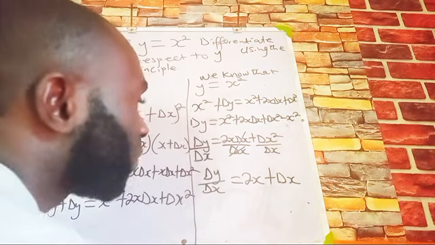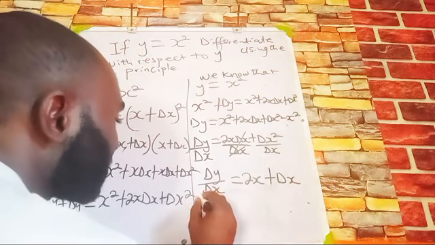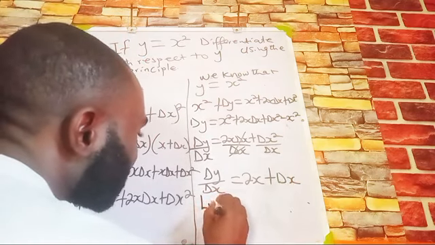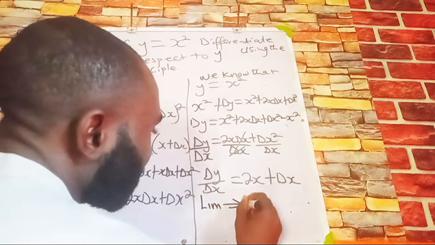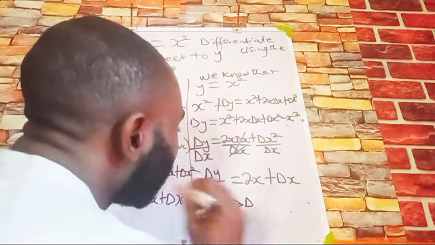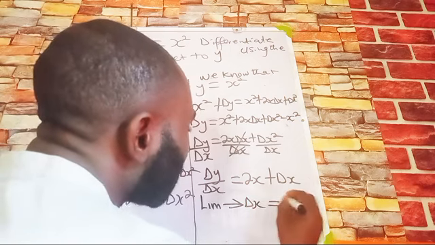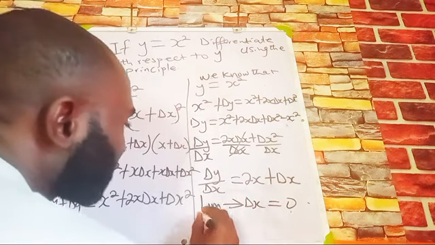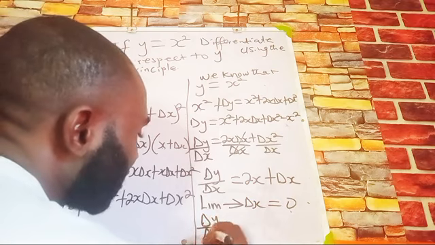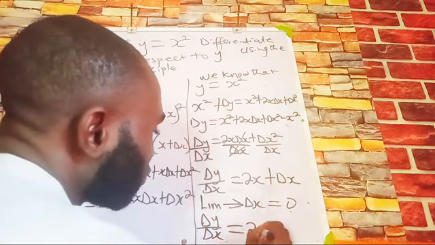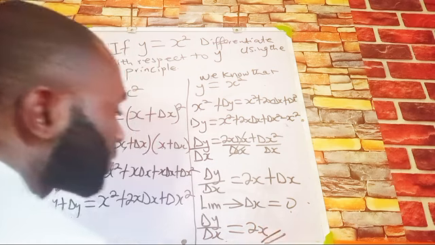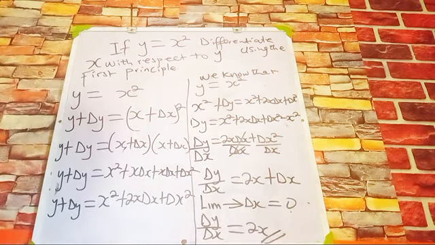So we're going to ignore the dx by taking limit, setting dx to be equal to 0, we'll have that dy all over dx is equal to 2x. Because when dx is equal to 0, this is what we are going to have. So that gives us our answer.